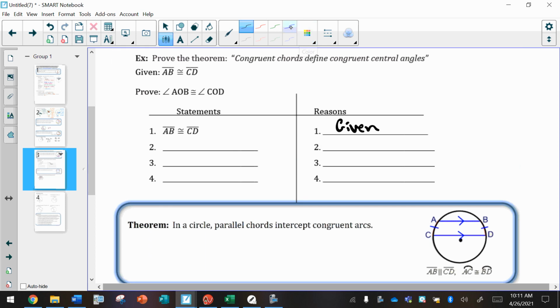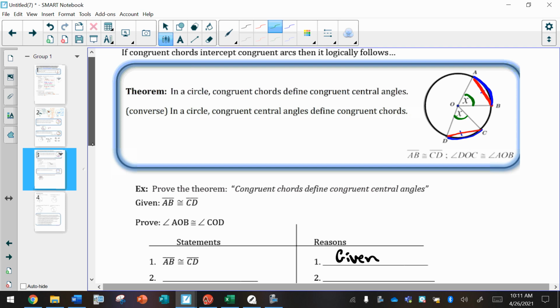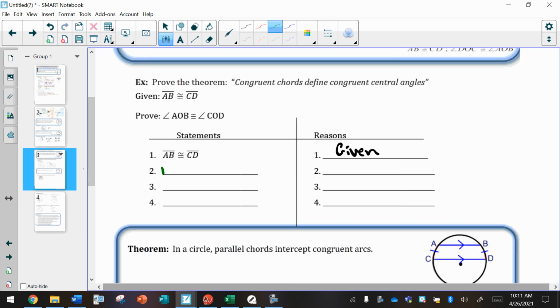Because I have AO, BO, CO, and DO, all radii of the same circle, I'm going to use that first. So AO is a radius, BO is a radius, CO is a radius, DO is a radius.